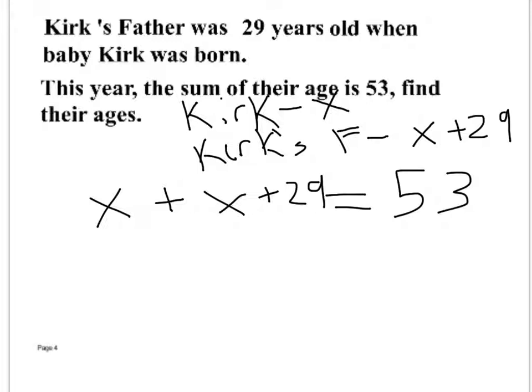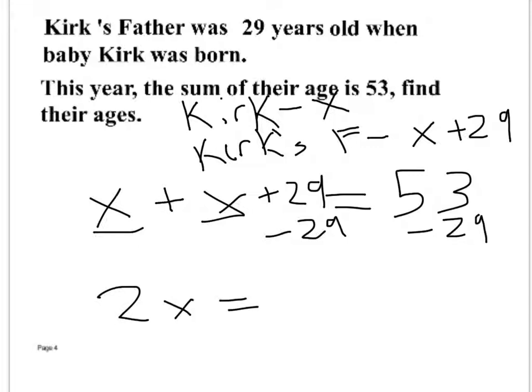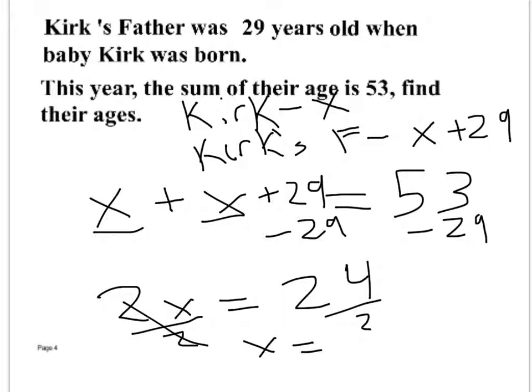Do we know how to solve this problem? Yeah, we subtract 29 from both sides. We also add like terms. What's x plus x? 2x. 2x equals, this is 24. So we divide by 2. x is what? 24 divided by 2, 12.